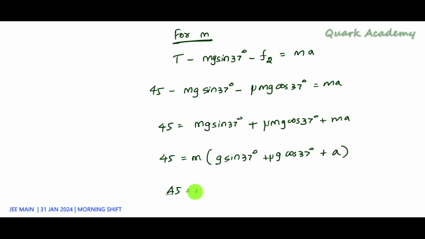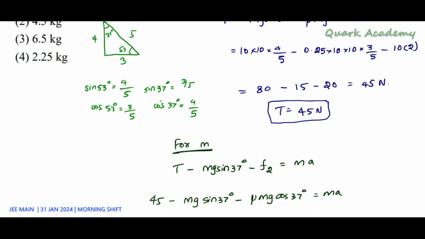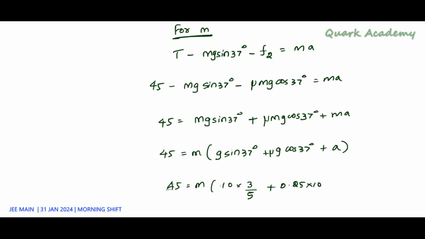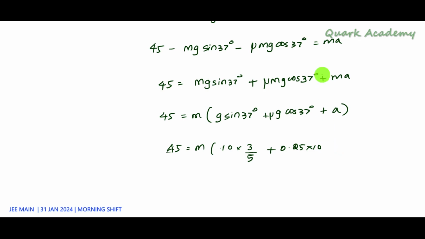So 45 equal to m into g sine 37. How much? 3 by 5. Mu is 0.25 into 10 cos 37, 4 by 5. Plus acceleration is 2.